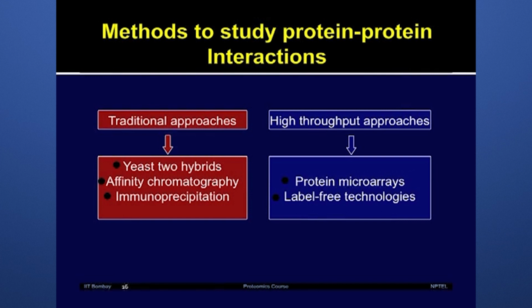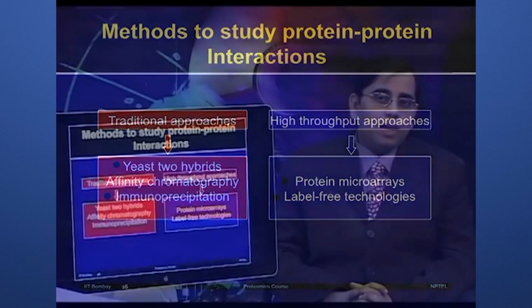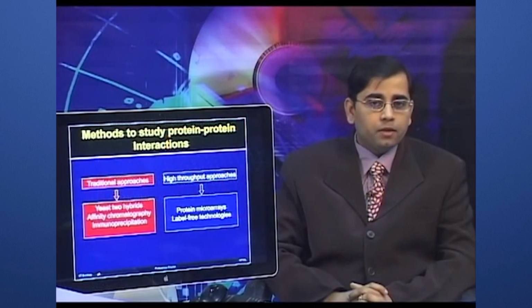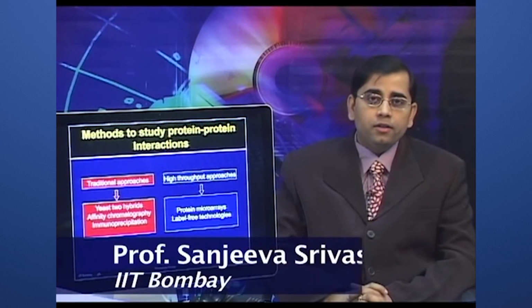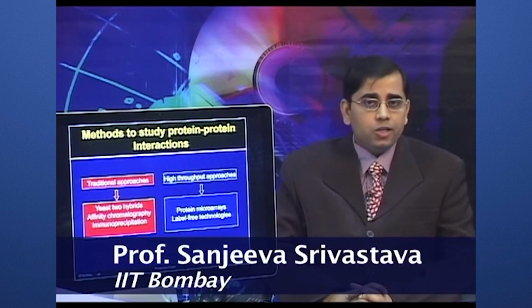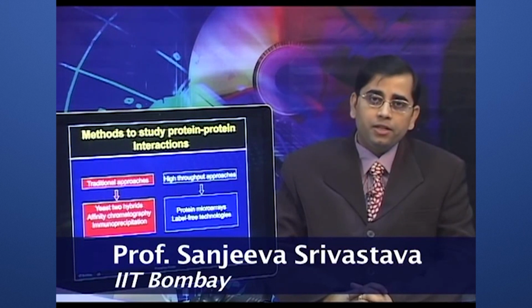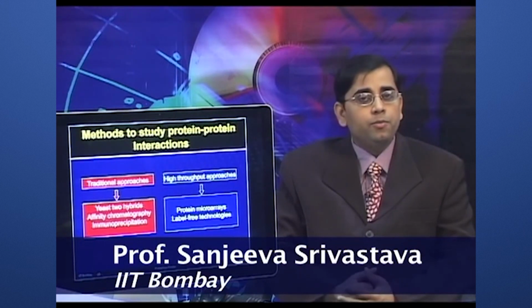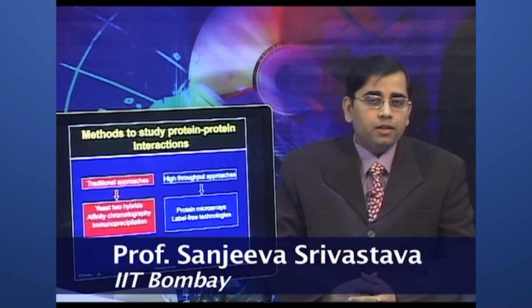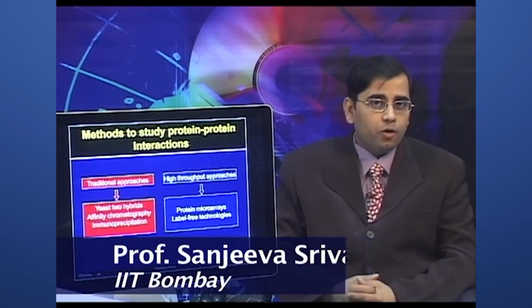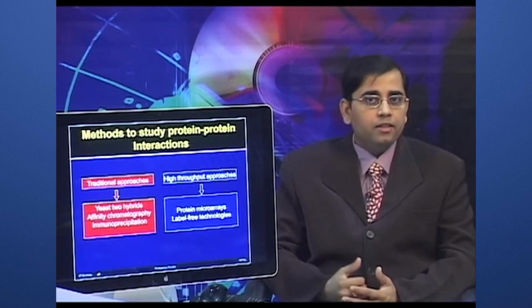Different types of protein microarray platforms will also be elaborated in the following lectures, but today we will focus more on the three major approaches: yeast two-hybrids, immunoprecipitations, and conventional protein microarrays.